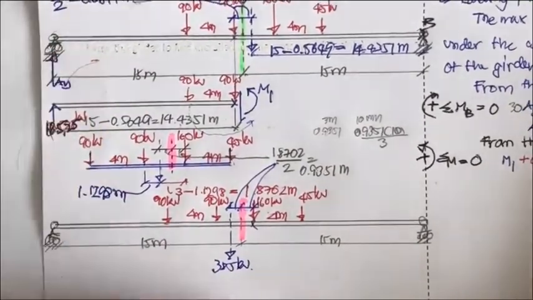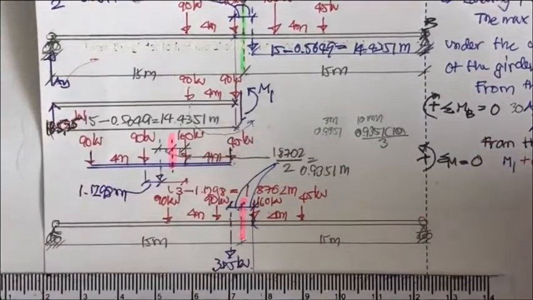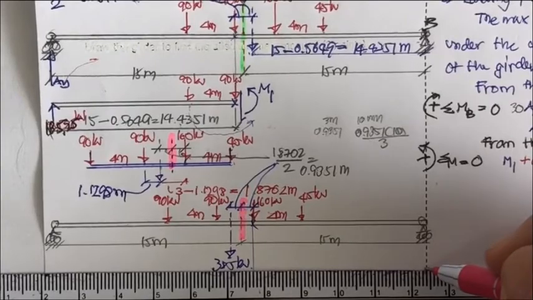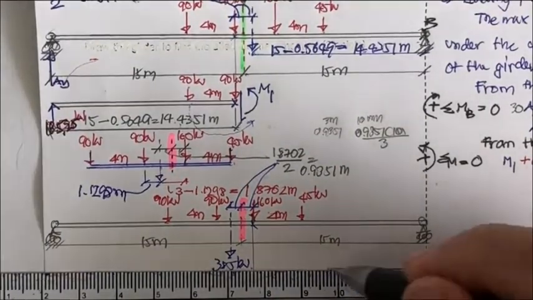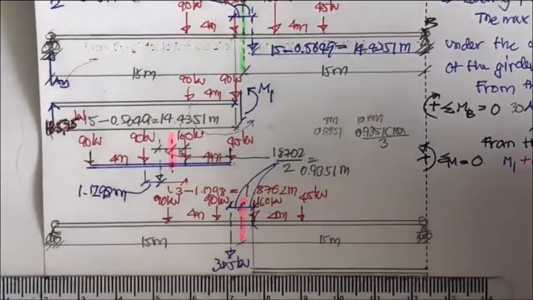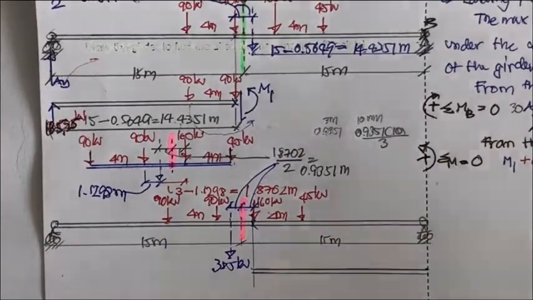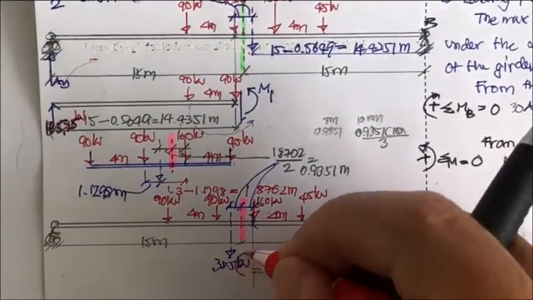And if it occurs about here, you got to project this. And what you have is this portion, or this segment of the beam, will produce the maximum moment for the second case.